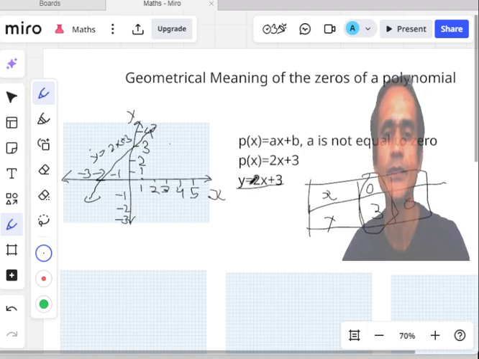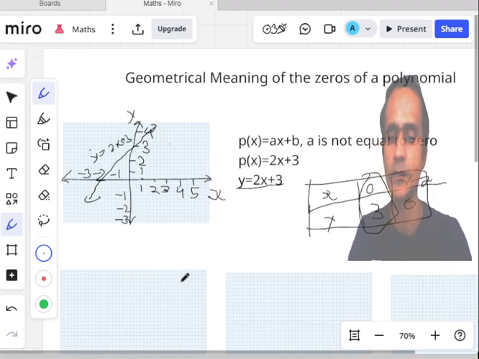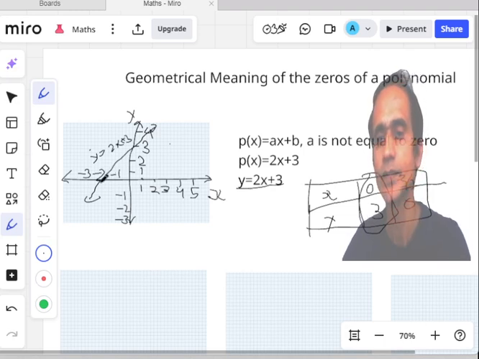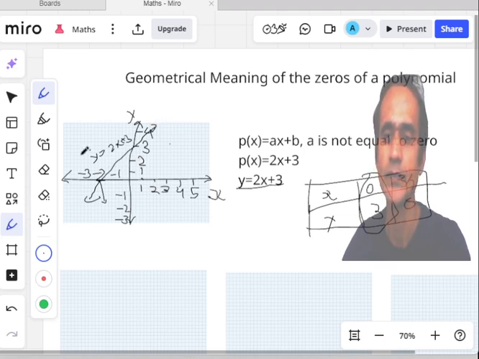So we get x is equal to minus 3 by 2, which is this point. So we have got these 2 points, then we join these 2 points and we get a straight line which represents y is equal to 2x plus 3.